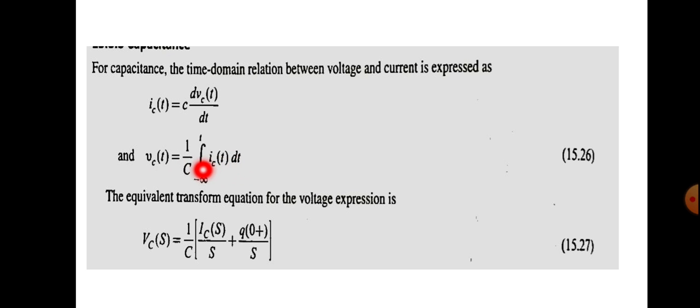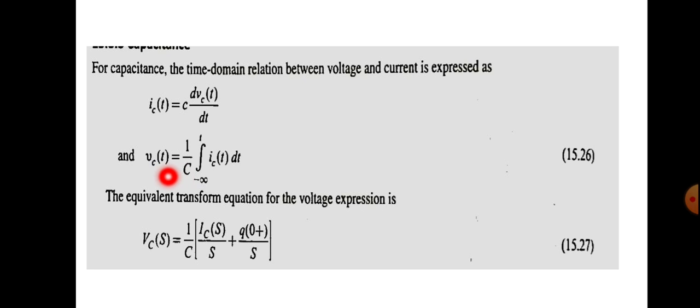When we transform into the S domain, we get equations in terms of S. We transform the time domain to the S domain in order to convert the integral form into algebraic form. One equation contains a differential term and the other an integral term, so it is very difficult to analyze the circuit using differentiation and integration. That is why we go for the S domain approach, where integration and differentiation are converted into algebraic equations.